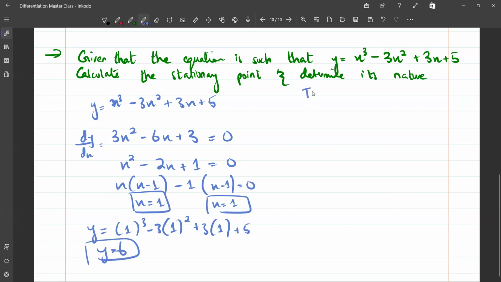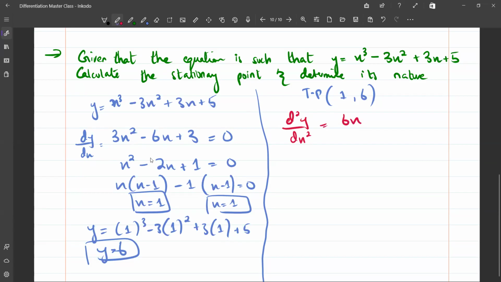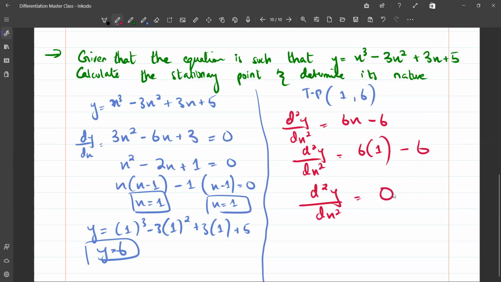So we have the stationary point or turning point (1, 6). Now d square y over dx square would be 6x minus 6, since this is dy over dx differentiated. Let's put the x coordinate here: d square y upon dx square is equal to 6 times 1 minus 6, which is 0.